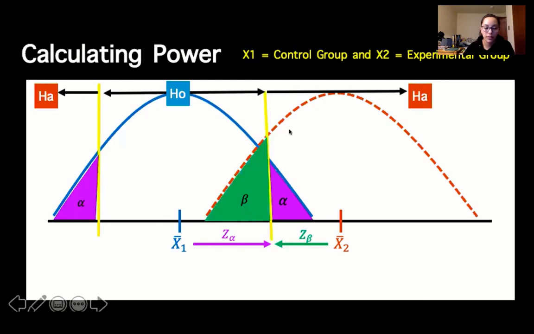If we increase beta, then we're decreasing the area that's given for alpha. So it all kind of floats around this line. But we're looking at what is the difference of these means from this critical value, this point that we have determined would tell us if we have a significant difference or not.